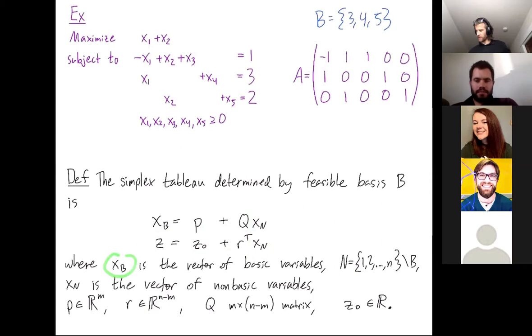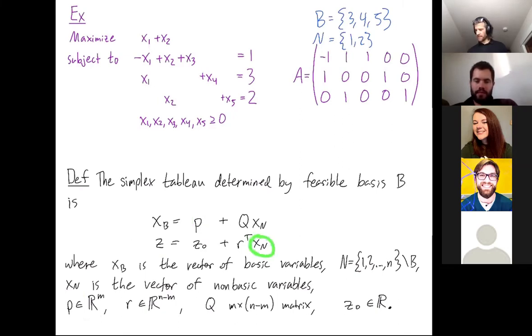XB will be the vector of basic variables. N is going to be the indices of the non-basic variables. So in the example up above, N is going to be the remaining variables 1 and 2 that are not in my basis. All right, I've already said Xn is the vector of non-basic variables. P is a vector with m rows in it for m different equations.